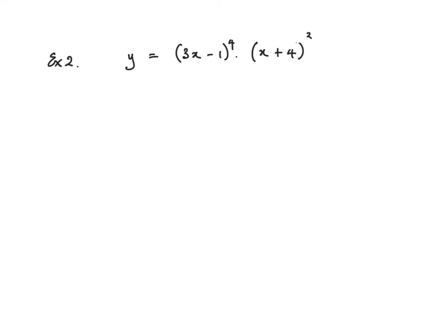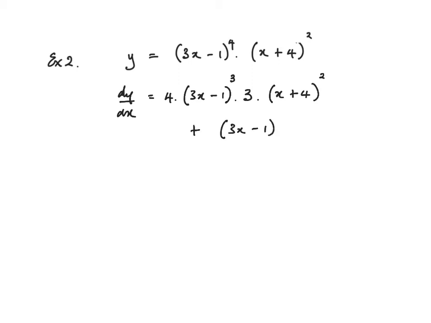So we want to work out the derivative, dy by dx, bring down the power, write the bracket unchanged, reduce the power by 1, multiply by the derivative of the bracket, leave the second term unchanged, and leave the first term unchanged, and we want to differentiate the second bracket.